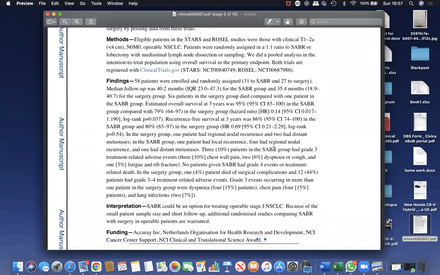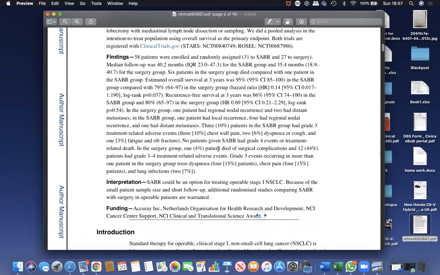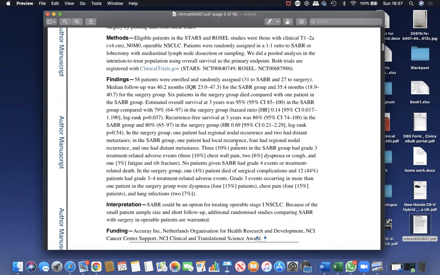There is no looking at genetics, genomics. They have not spoken about the histopathology of the tumor. They have not compared squamous versus adenocarcinoma. We know that SBRT works well in squamous cell, and doesn't work as well in adenocarcinoma. So there is no mention of the histology of the tumor.